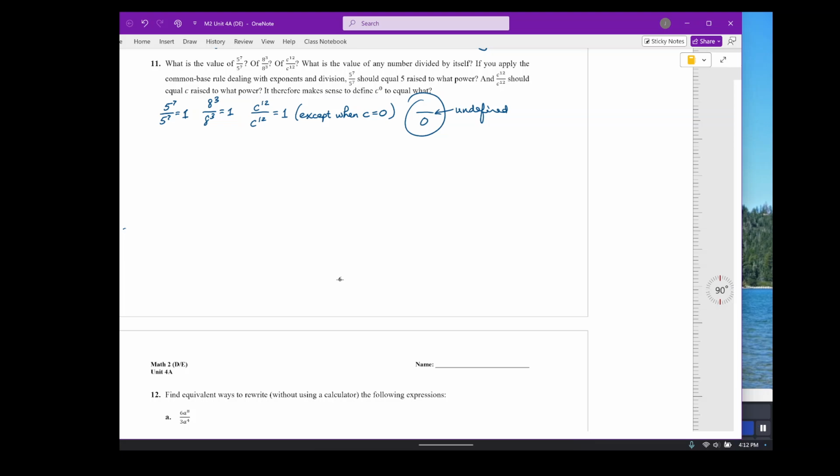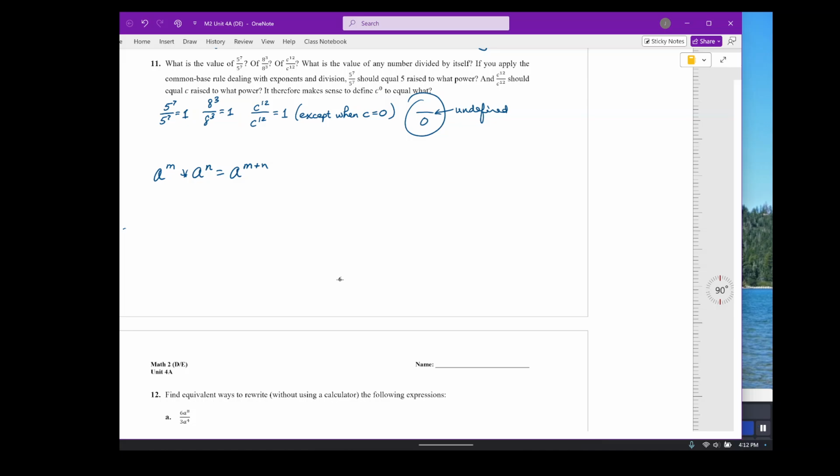So let's see. We learned a rule a while back that said a to the m times a to the n equals a to the m plus n. Is that number 5 on your homework or on this handout?